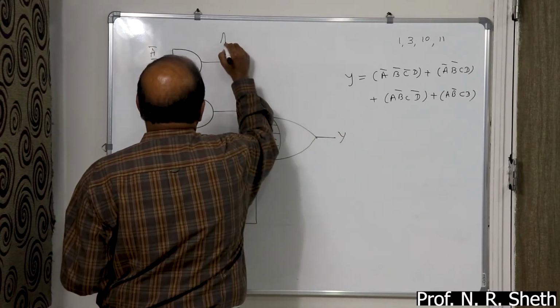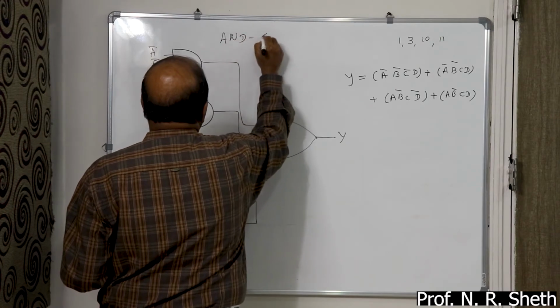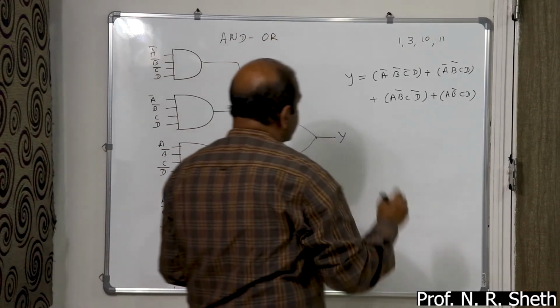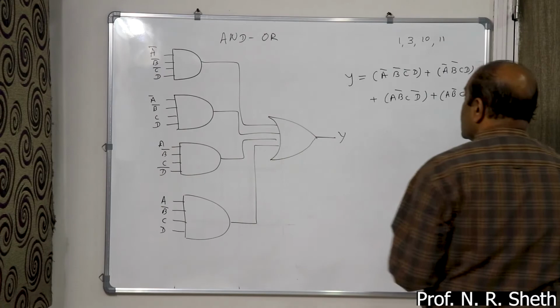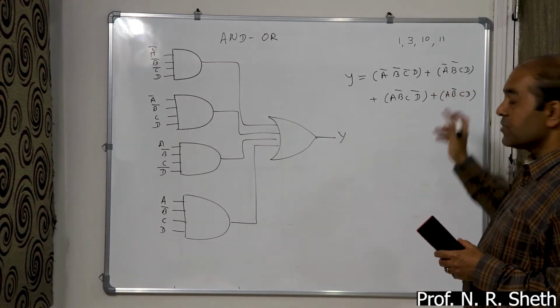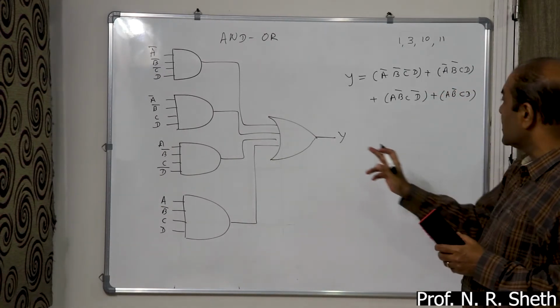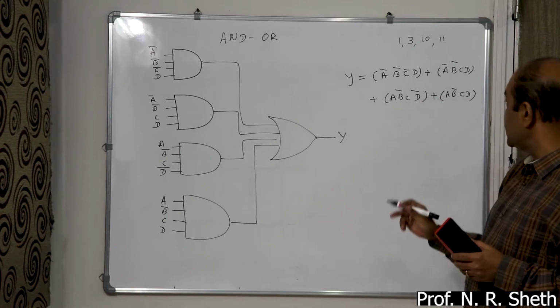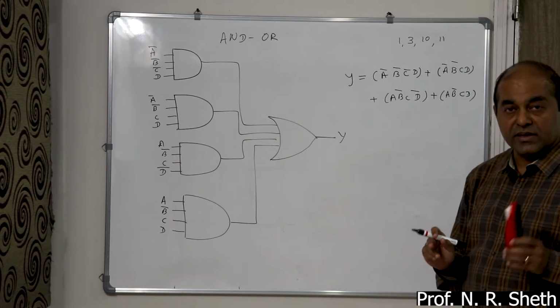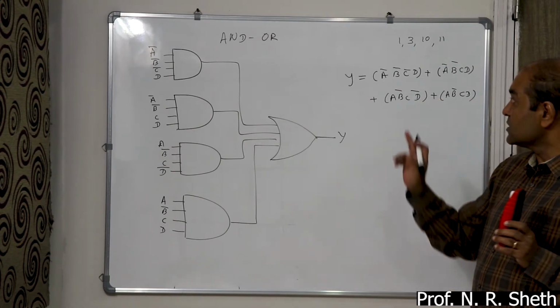So this circuit is your AND OR circuit. Y equals A bar B bar C bar D plus A bar B bar CD plus AB bar CD bar plus AB bar CD. This is your AND OR.